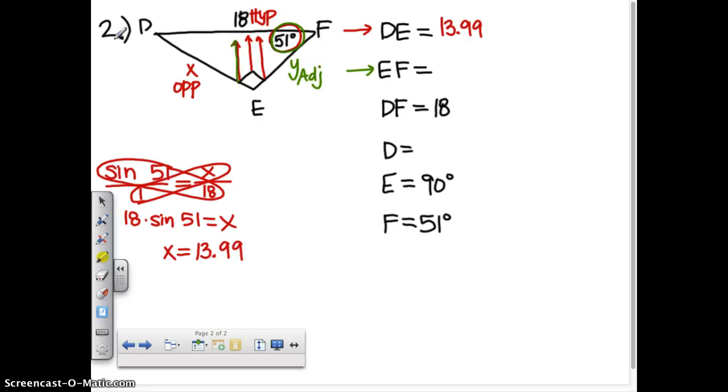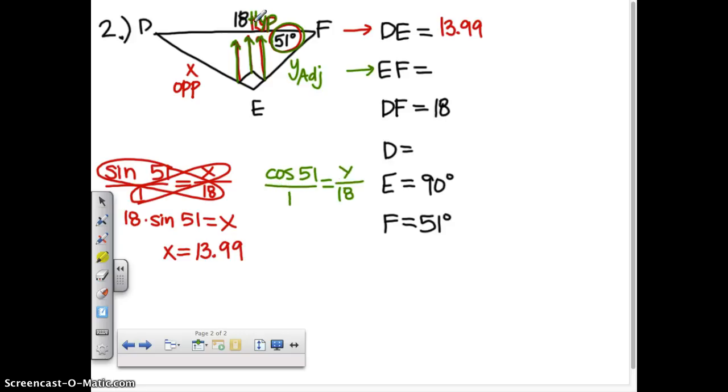And then 18 is still the hypotenuse. Nothing exciting happened. It's still the hypotenuse. Nothing has changed there. So adjacent and hypotenuse, well now we're going to use cosine. And the adjacent side is y over the hypotenuse 18.